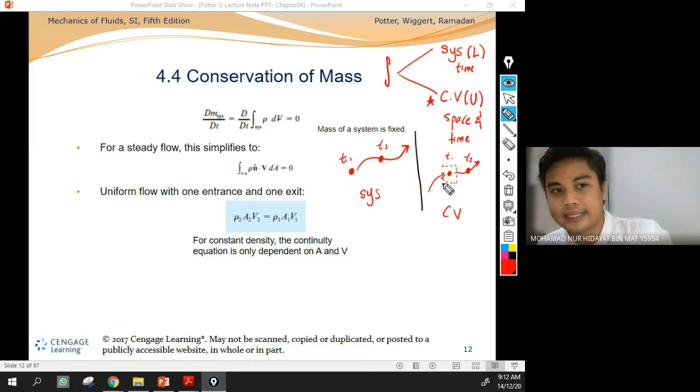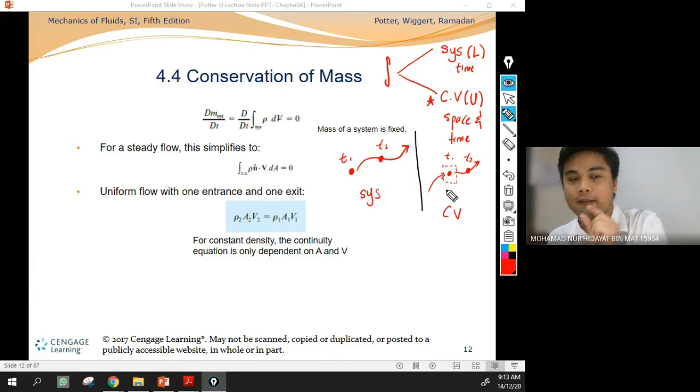Our concern is only the control volume here, all right? So we are referring to the X, Y and Z directions. This is space. You remember we have the control volume. This is considered of space and time, all right? So we only focus on a particular region, the fixed region. There is no motion of the control volume. However, the system is in motion.